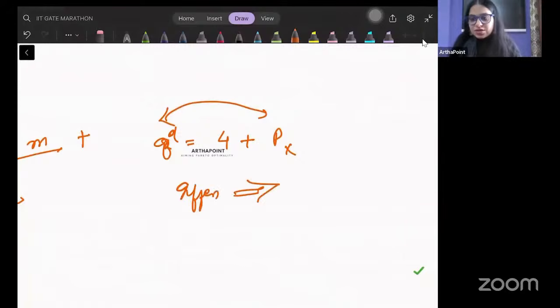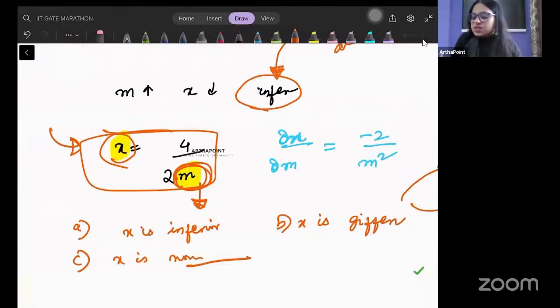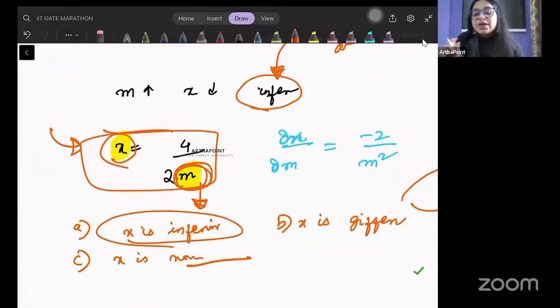And since all Giffen goods are inferior, I can say that this is also inferior. But here I cannot mark that X is Giffen, because here there is no relationship that I know about the price. Without commenting on the price, I cannot say that this will also be a Giffen good. I can maximum say that this will be an inferior good, but it may still obey the law of demand.